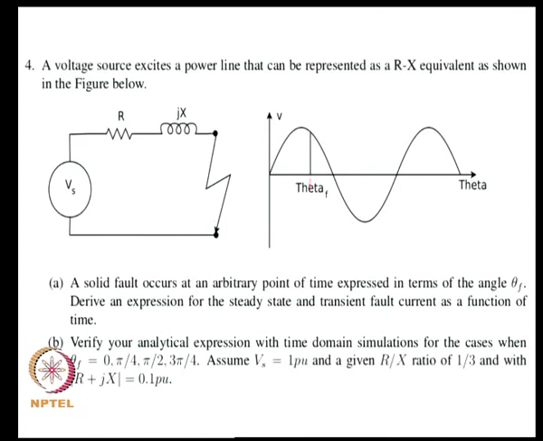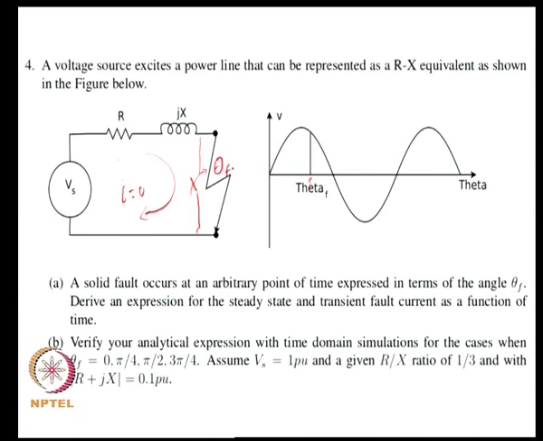So, say the fault occurs at some point theta f. Before the fault occurred, the current in this particular loop was 0, and you can think of this fault as a switch where the switch closed at the instant theta f.